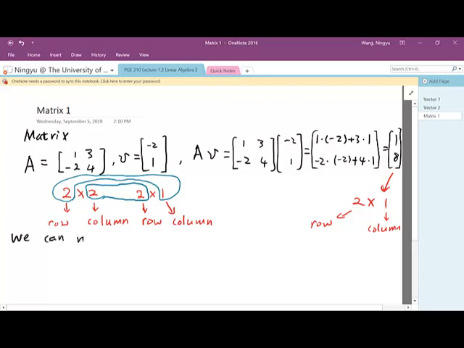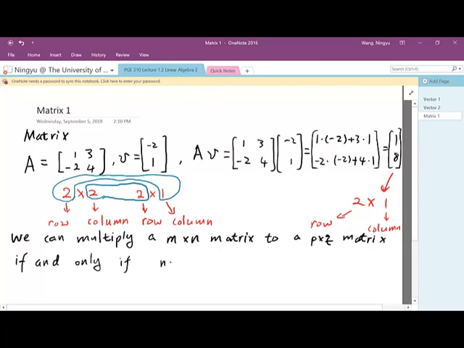We can multiply an m by n matrix to a P by Q matrix if and only if n equals P. So which means we can multiply an M by N matrix to an N by Q matrix. Oh, sorry, this Q is not readable. I'm sorry.